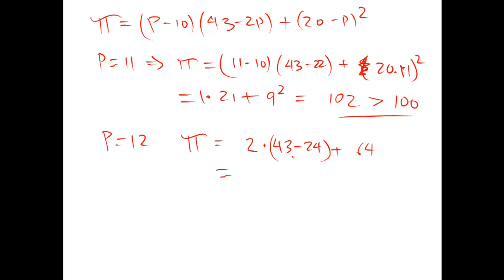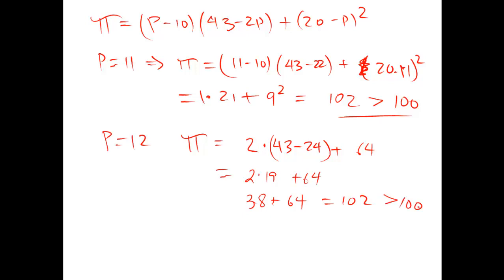This guy here was 19, so 2 times 19 plus 64, and so that equals 38 plus 64. And that sounds like 90 plus 8 equals 102. So that's the same profit that we had back over at a price equal to 11. So that again is bigger than 100, so we could declare some victory.